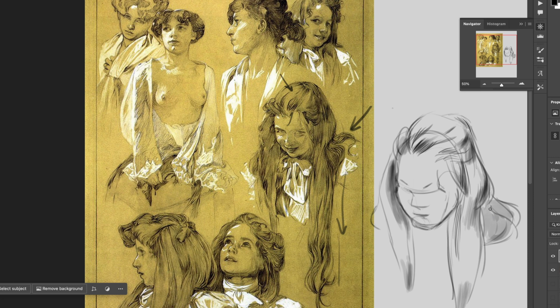So when you guys draw hair, if there's any advice I can give you, hopefully it will be worth something, it's to try to make sure that everything is uniform. Try to find uniformity as much as possible.